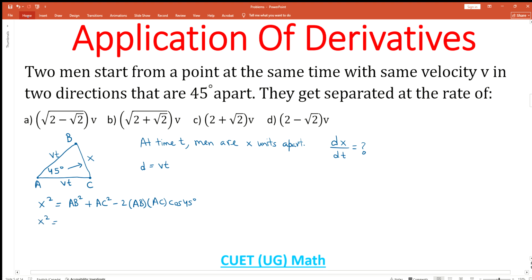We know the length of side AB is vt, and the length of side AC is vt. The square of vt is equal to v squared t squared.